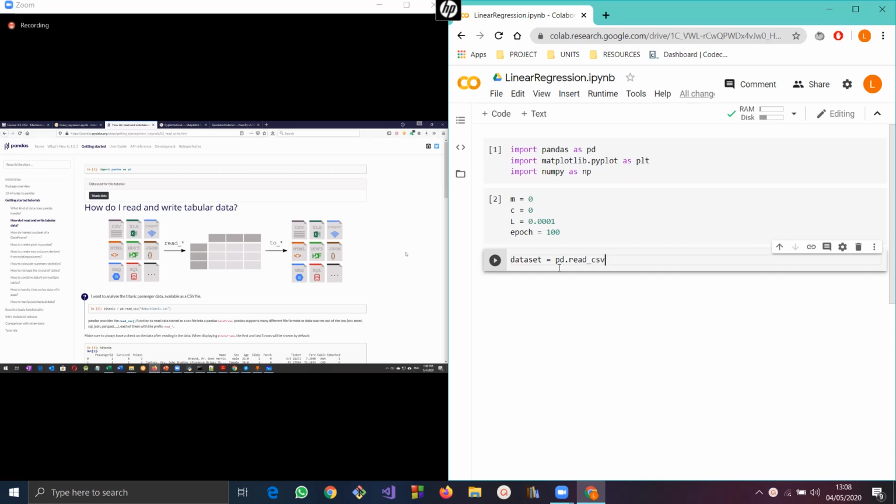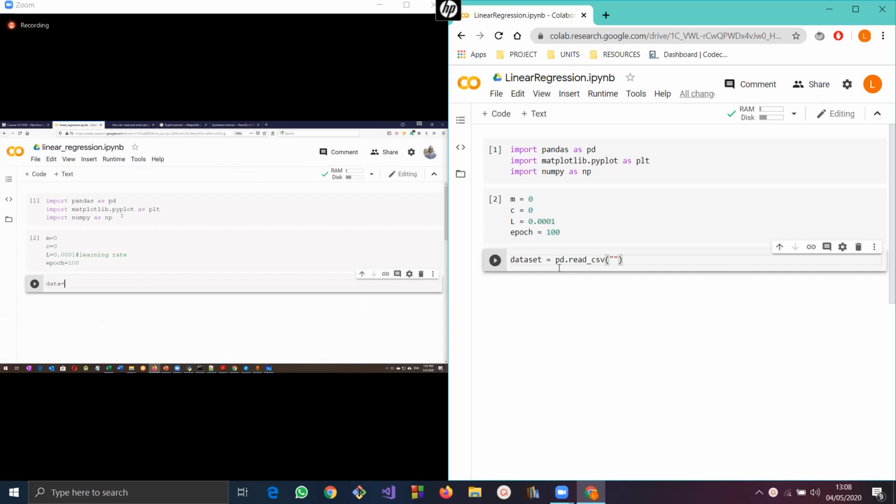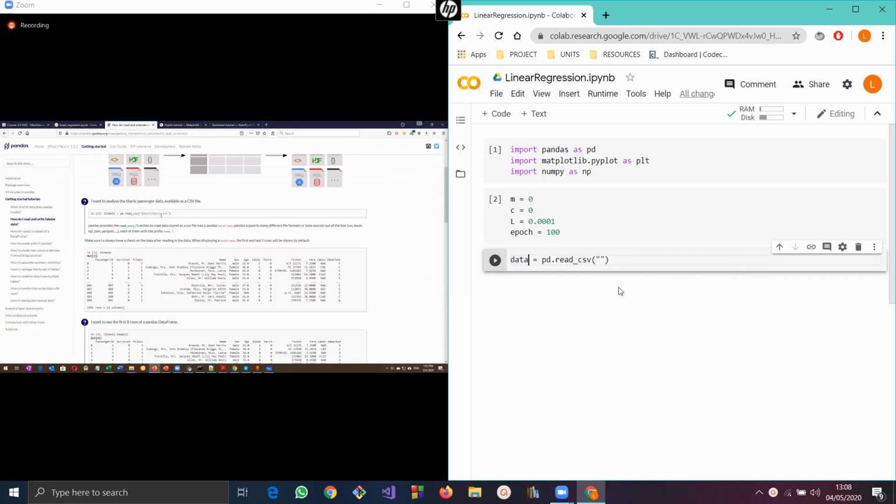So if you're working offline, we normally just say pd, what we imported up there, read CSV. Then you put the URL to where your CSV is. On Colab, that's why I was able to.